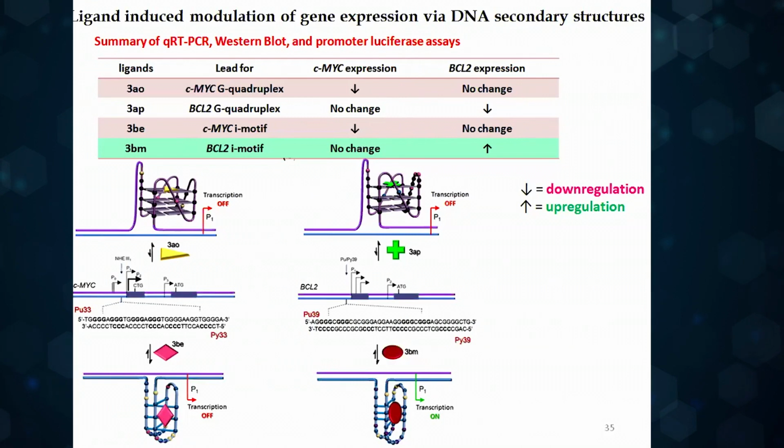The CMYC quadruplex and I motifs and BCL2 quadruplex would be a potential strategy for anti-cancer therapeutics.